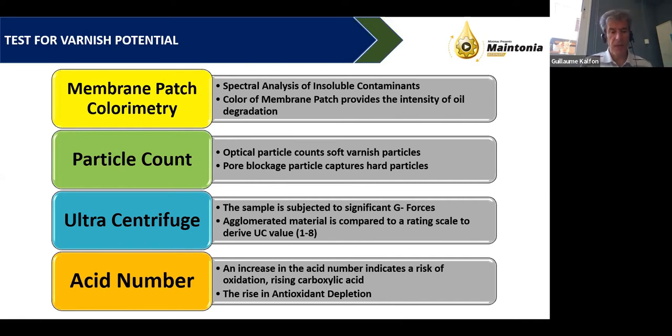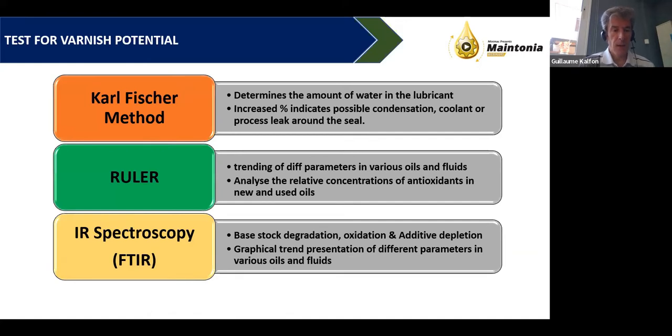Acid number is a sign of risk, but there is a problem with that test, which is that, frankly speaking, if your acid number has gone up in a remarkable manner, then it's too late. It's too late. It means the problem has become too severe already. So it's a test that is significant, but it's not a very good test to anticipate the problem soon enough. Okay, we can move to the next slide.